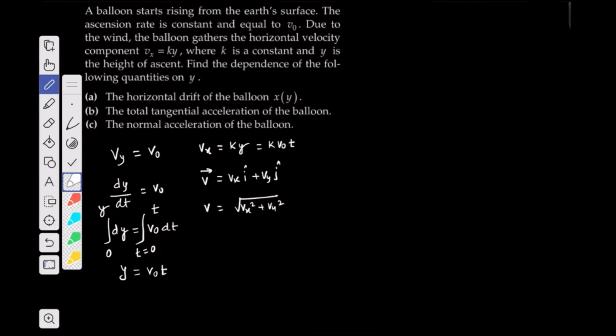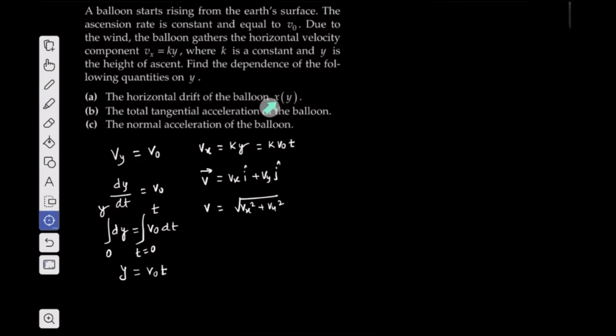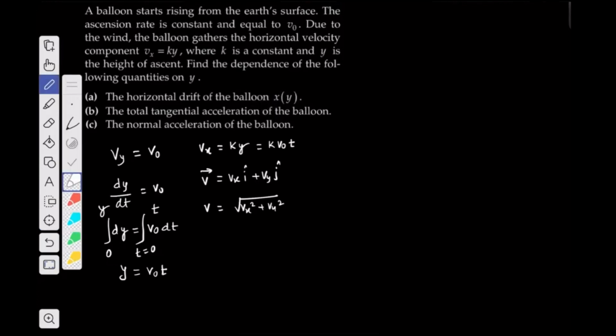But before that, they are asking us the horizontal drift as a function of y. So we can figure it out. Since they are asking us how much it will travel in the x direction, considering that the starting point is x equals 0, dx by dt is given to us, no? dx by dt is our ky, and they are asking us the drift in terms of y, not in terms of t.